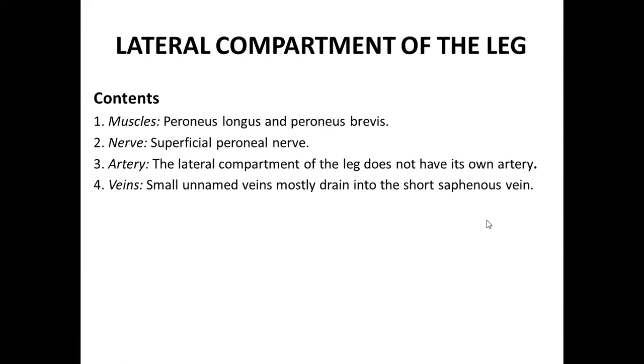The lateral compartment of the leg does not have its own arterial supply. The contents present in the lateral compartment of the leg are supplied by branches of the peroneal artery, which reaches the lateral compartment by piercing flexor hallucis longus and the posterior intermuscular septum.